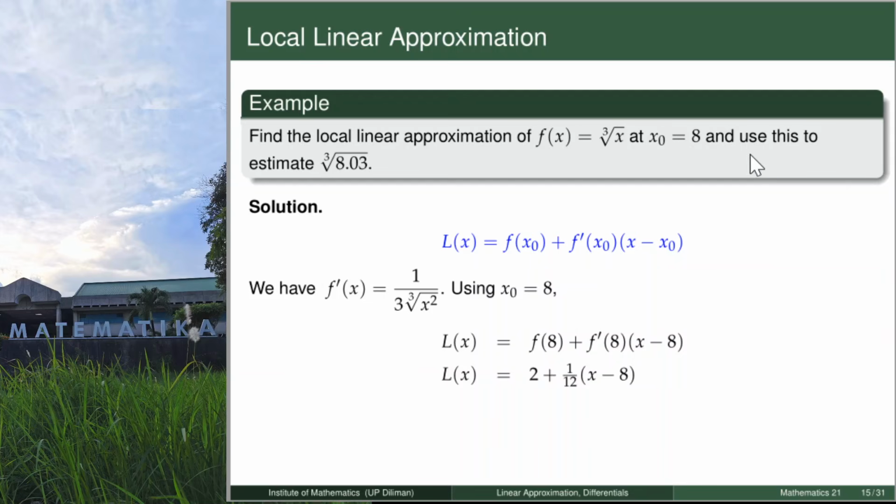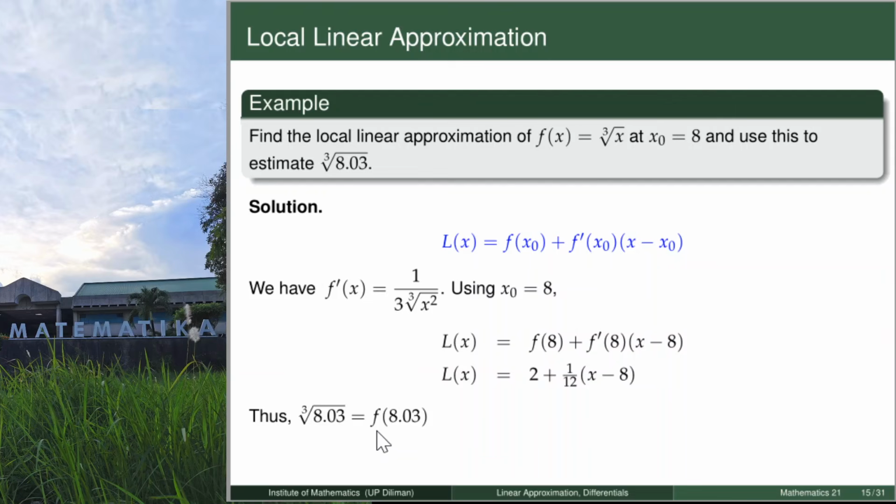But there's a continuation. You have to use L of x, or the local linear approximation, to estimate this constant. So how do we do that? We first write the constant that we want to estimate, and then we have to write this as f of some number, okay? But our f is cube root of x, so what should the number be? The number must obviously be 8.03. So this constant is just f of 8.03. And then do you remember our local linear approximation?